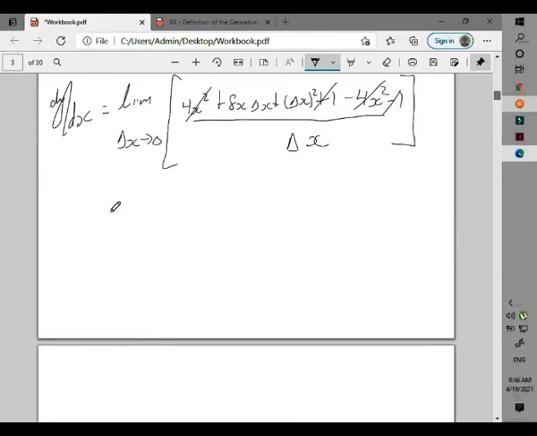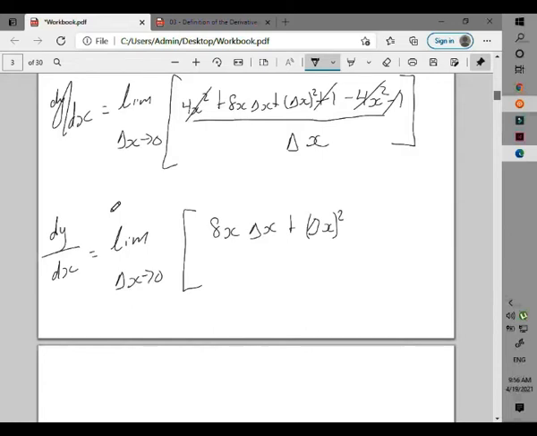Now, the next line, the dy upon dx is equal to the limit as delta x approaches 0 of 8x delta x plus delta x squared, all being divided by delta x. Now, the next step is generally straightforward.